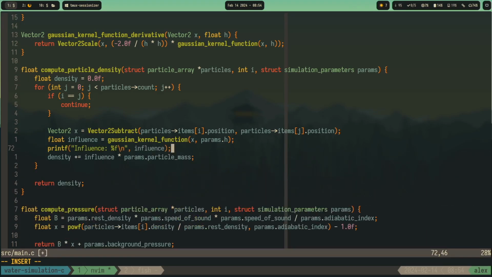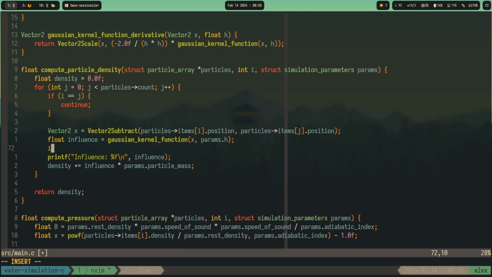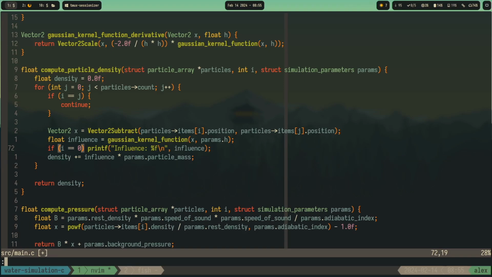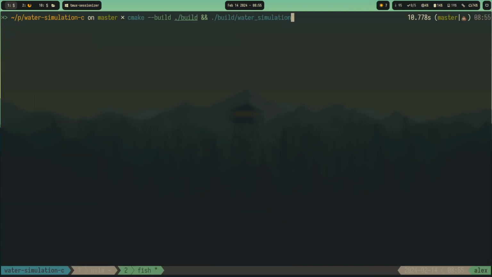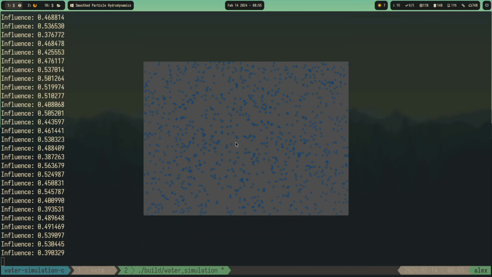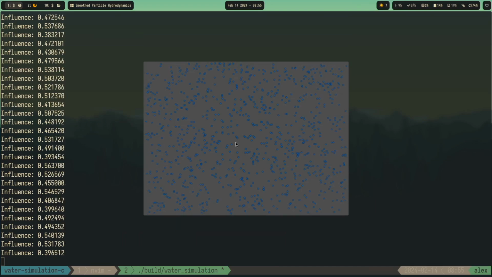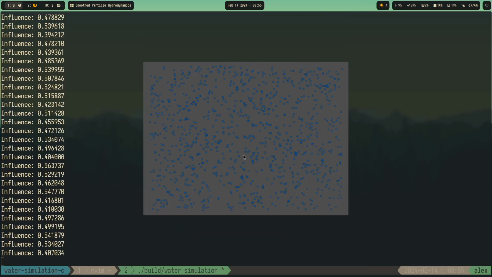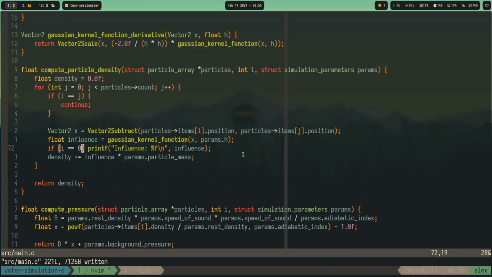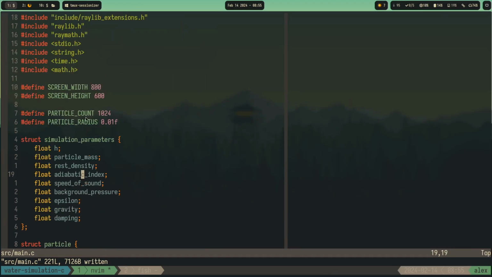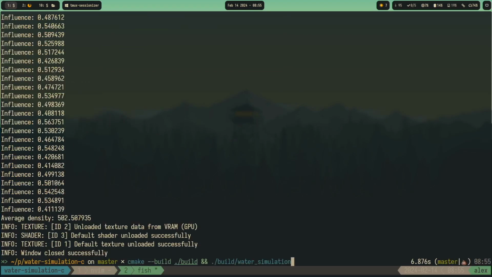Let's take a look at the influence. Let's say when i equals 0. Let's look at the influence. So it's like 0.5, 0.4, something like that. And what if we have less particles? 100 particles.